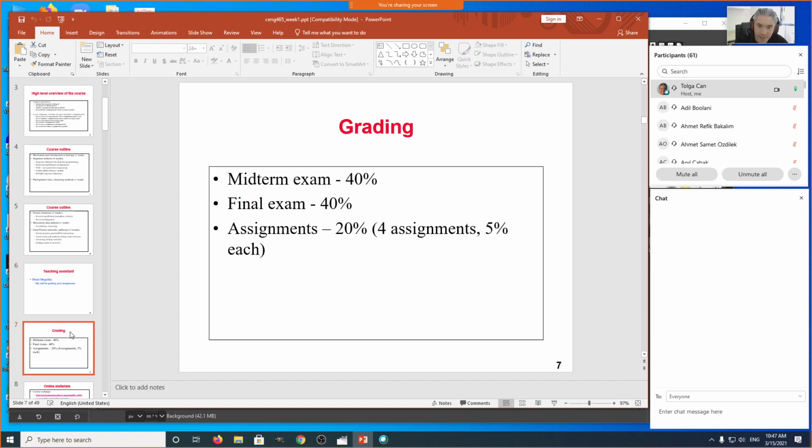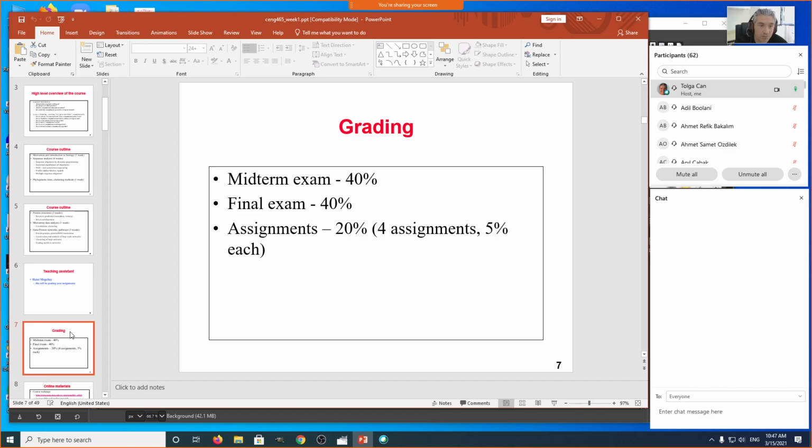And in terms of grading, the exams are going to comprise most of your total grade. 80% of your total grade will be coming from midterm and final exams, which are going to be conducted online. And you may have to have your camera on during the exam.